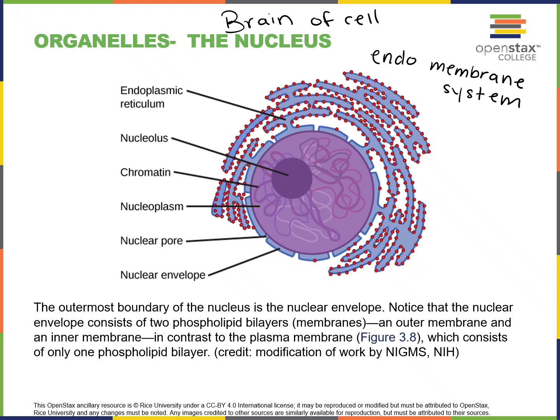The first one is the nuclear envelope. The nuclear envelope is double membraned. And it is made out of that phospholipid bilayer. Okay. The nuclear envelope has what we call pores. Those pores help to control the passage of ions, move things in and out.